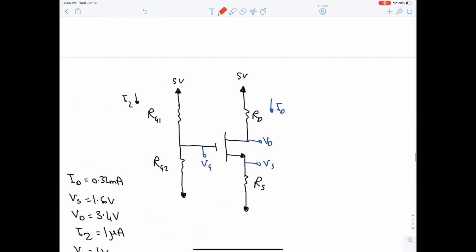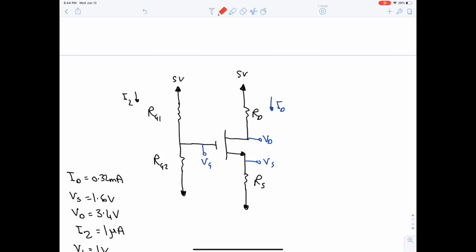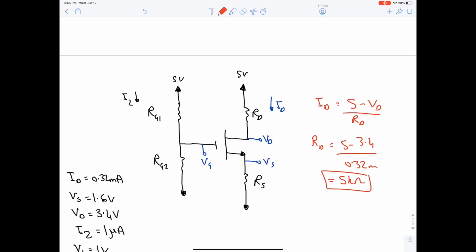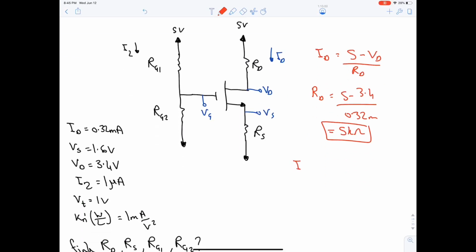Good. Now, ID is equal to 5 minus VD over RD. RD is equal to 5 minus VD, what is VD? It's 3.4, over ID, which is 0.32 milli. This will give us 5 kilo ohm. Doing the same thing for RS.